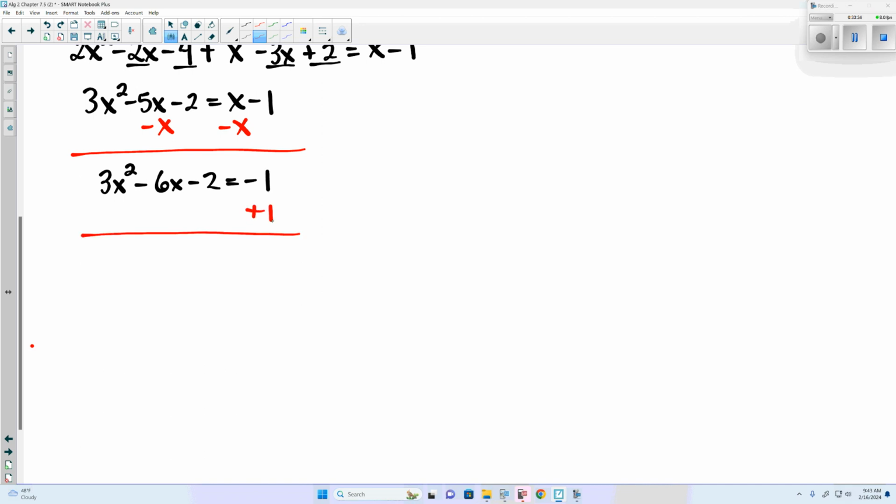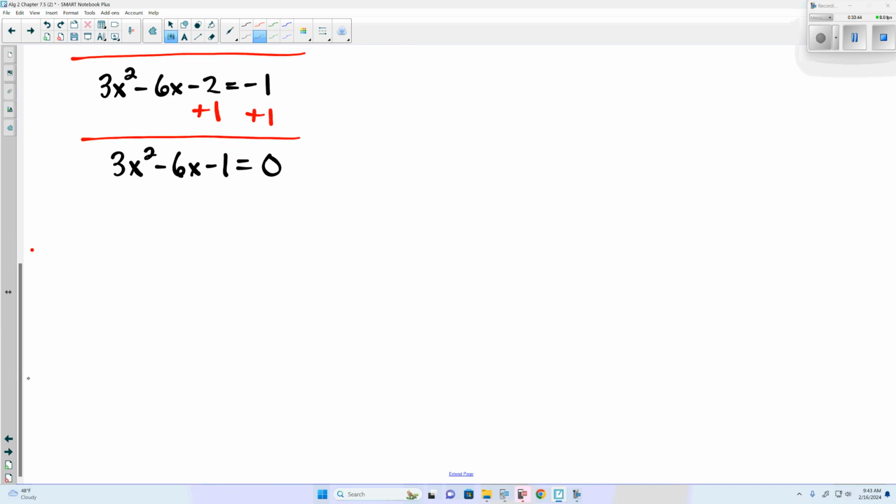Then we would add 1 to both sides. 3x squared minus 6x minus 1 is equal to 0, yes? Unfortunately, the factors of 3 and 1 are not going to get us to 6. But there is a way to solve it.